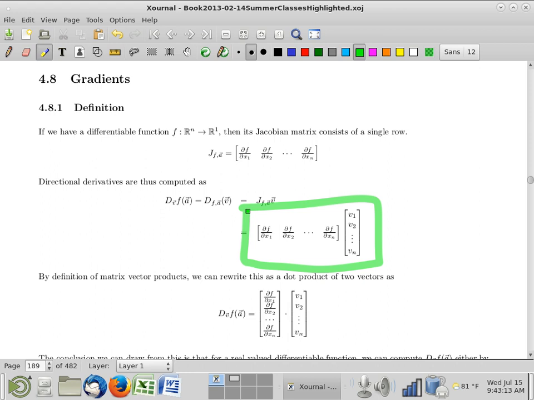We have a single row matrix that is matrix-vector multiplied by a vector. And here I'm going to make a simple observation. It's an arithmetic observation, but the way you multiply this matrix times that vector is a dot product of that with that.